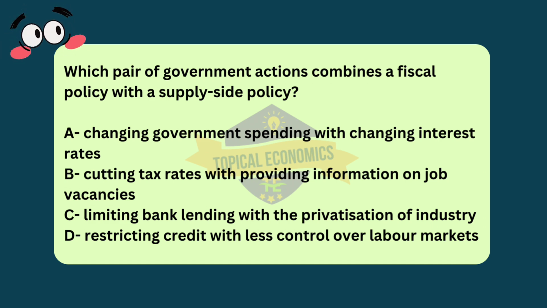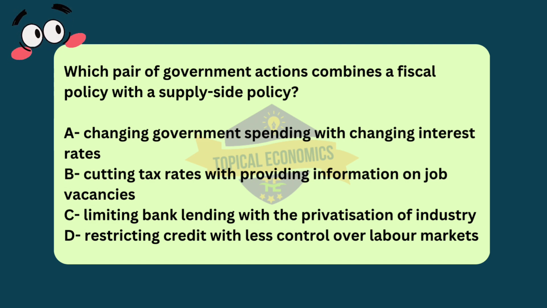Providing information on job vacancies is a supply-side policy because it improves the efficiency of the labor market by helping workers find employment more easily, which can improve overall productivity. Thus, cutting tax rates, fiscal policy, and providing information on job vacancies, supply-side policy, is the pair of actions that combines fiscal policy with a supply-side policy.